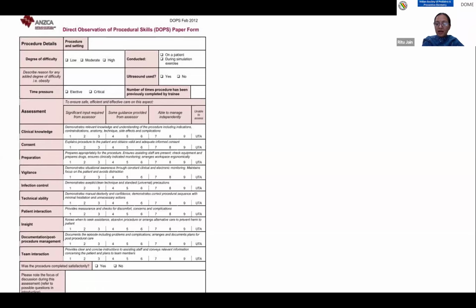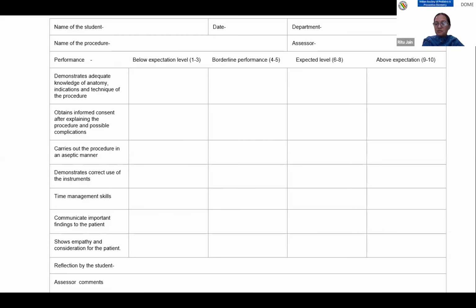So for example, if I'm doing a DOPS for a third year student, I may not be able to assess his time management skills because the student is just starting out. So I can leave that part out, or I can cross that out. So if any of the aspects of the procedure or any particular skill you are not observing at that encounter, you can always cross it out, or you can mark it as not assessed.